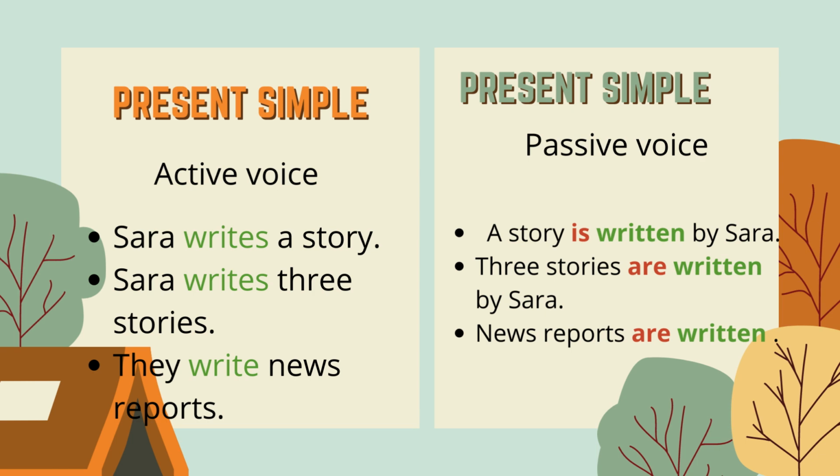News reports, again, is plural, and for this reason we are using the auxiliary verb are plus written. Here you can say news reports are written by them if the person who has done the action is important. If not, you can say just news reports are written.